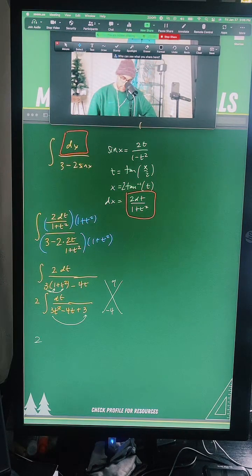Okay, so I have the 2 on the outside, dt here. And if I'm going to complete the square, this is actually going to get pretty nasty. I have to factor out a 3 from that t squared, and then that 4 becomes 4/3 t plus 3.